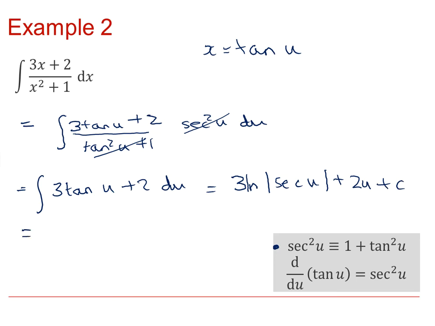Substituting back for x, this would give us 3 times the natural log of the square root of 1 plus x squared.